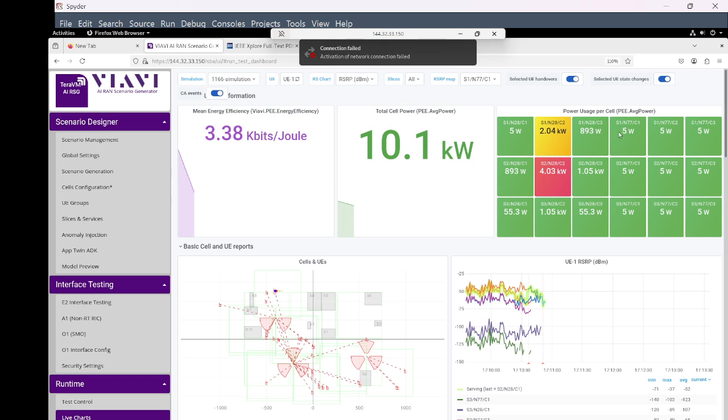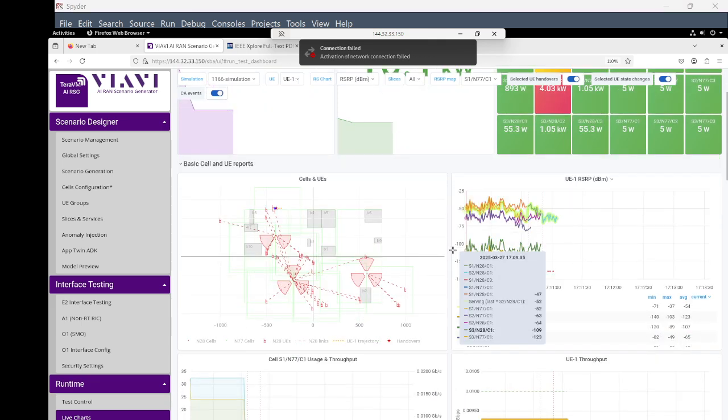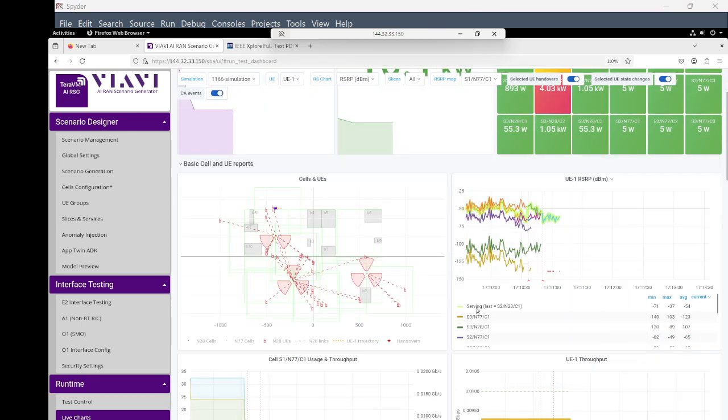And as we can see, the cells went off and the users are handed over here to the other, appropriate cells.